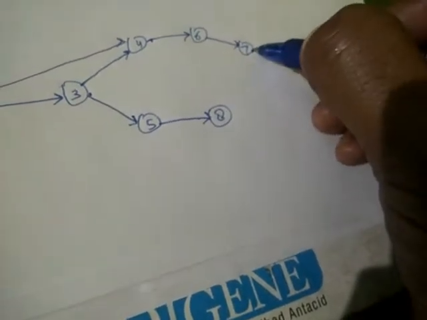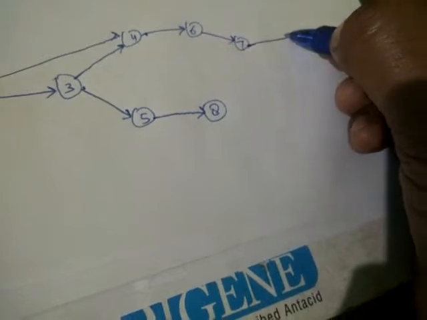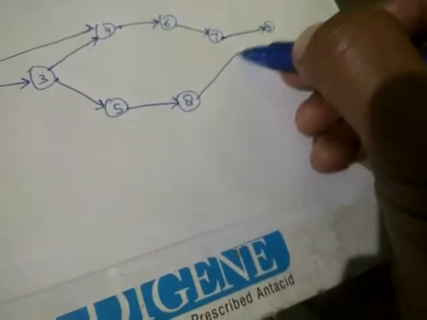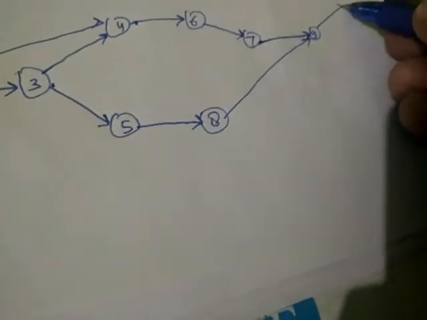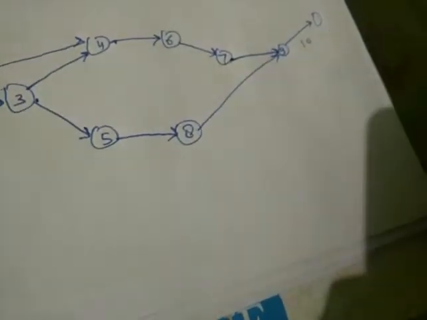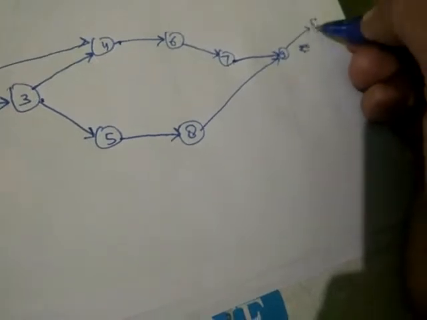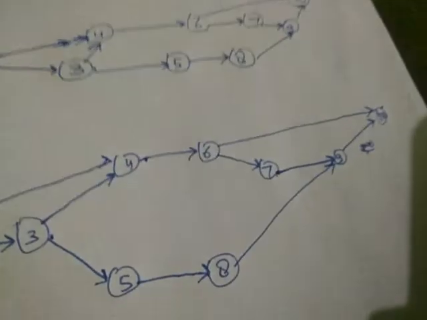Then 7 to 9, and then 8 to 9, and then 9 to 10, and this is 9 to 10, and this is 6 to 10.